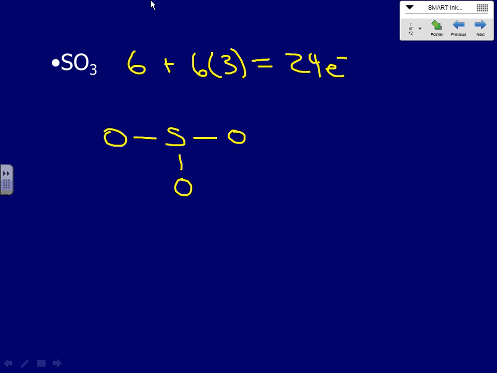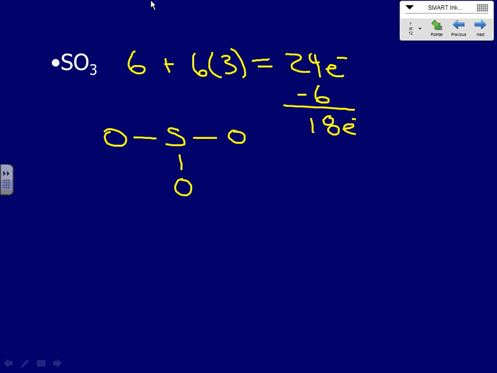I used 6. Each bond is made up of how many electrons? 2. So I've used 2, 4, 6 electrons to make those 3 bonds. Since I've used 6, I must subtract those 6 electrons away, and see how many electrons I have left to complete the structure. By the looks of it, it's 18 electrons.